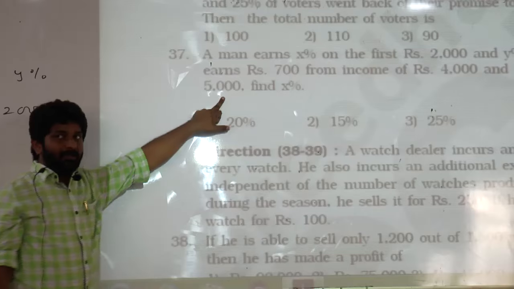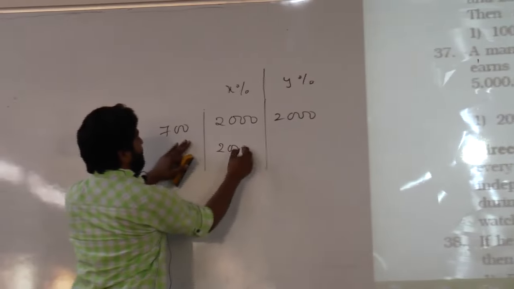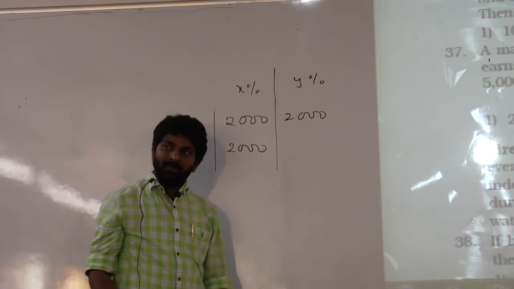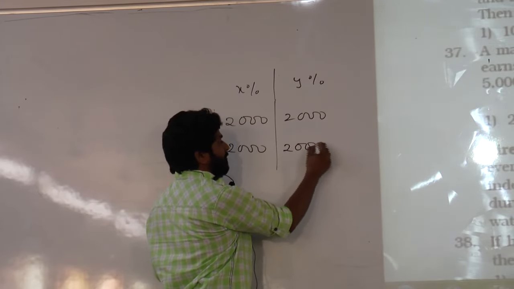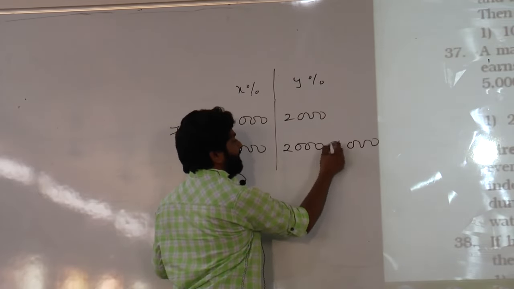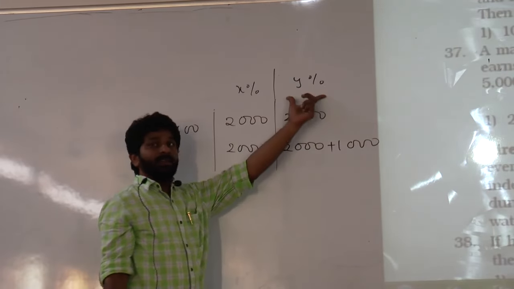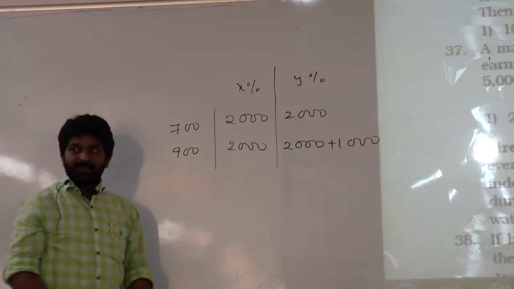Out of first 5,000 rupees, on first 2,000 he is going to get X%, and remaining amount, what is remaining amount? 3,000. Now I will divide 3,000 as 2,000 rupees plus 1,000 rupees. On this total amount he is going to get Y%, and total commission in second case becomes 900.